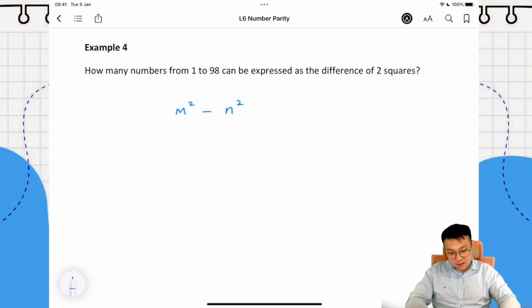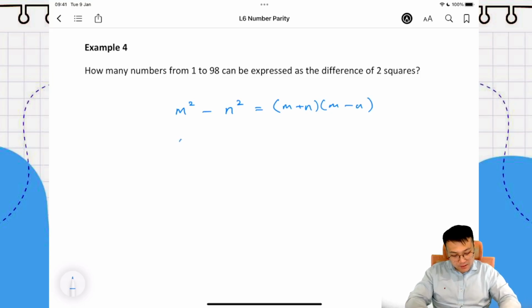Okay? And let me introduce you to this formula. Whenever you see m squared minus n squared, you can simplify it to m plus n multiplied by m minus n. Let me show you an example.